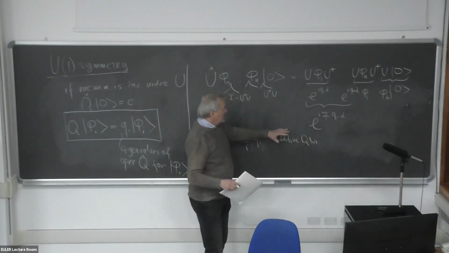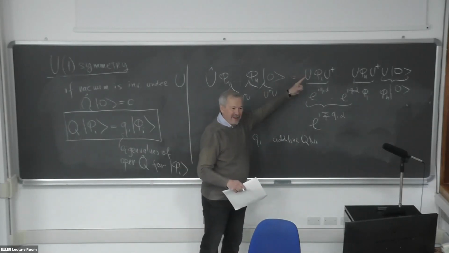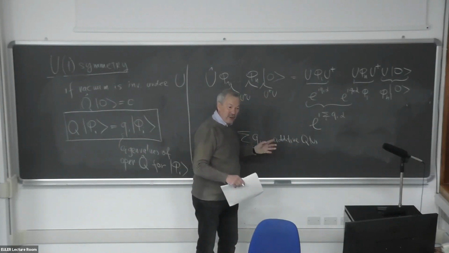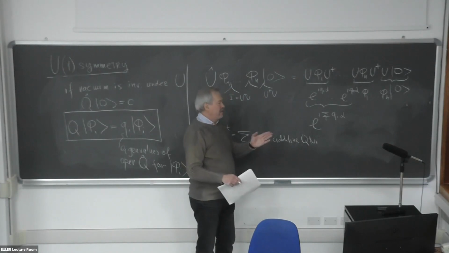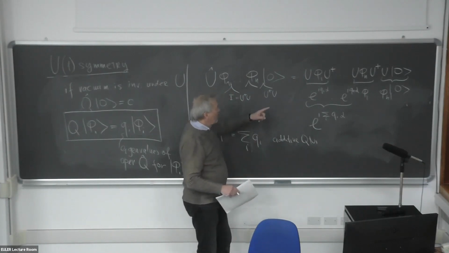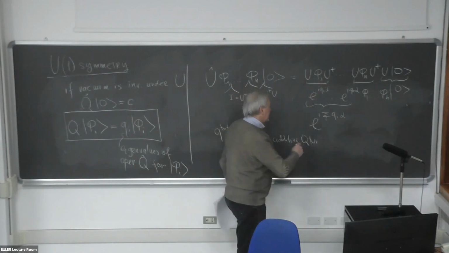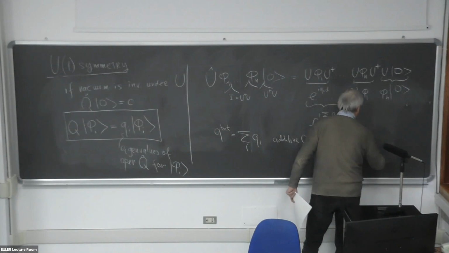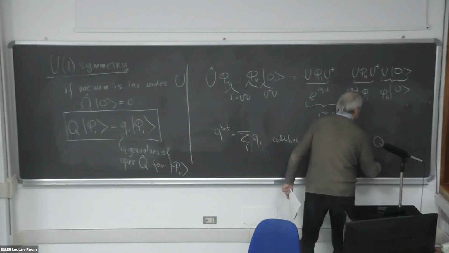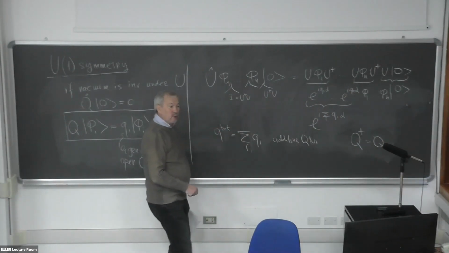And again, this is because our charge is staying in the exponent. This is why we have the sum here and not the product. Okay? We are discussing eigenvalues of an operator which is staying in the exponent. By the way, I haven't mentioned that this Q should be Hermitian. And this follows from unitarity. So to have unitarity of the U transformation, Q should be Hermitian.